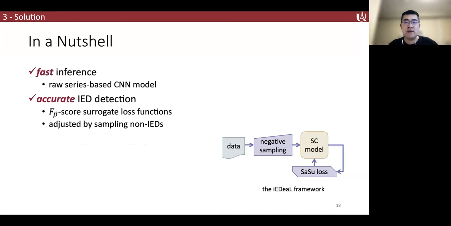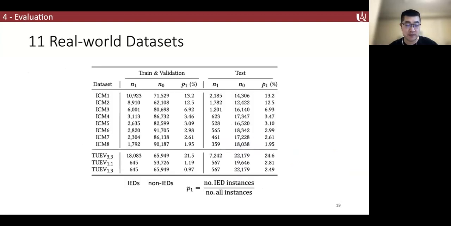To wrap up, by combining the raw series-based architecture and the new surrogate loss function, we enable fast inference because we detect directly on the raw series. Our detection is also accurate because we train our network towards the F beta score, and it is further adjusted by sampling the non-IED examples.